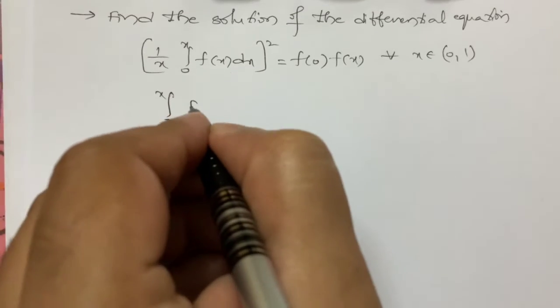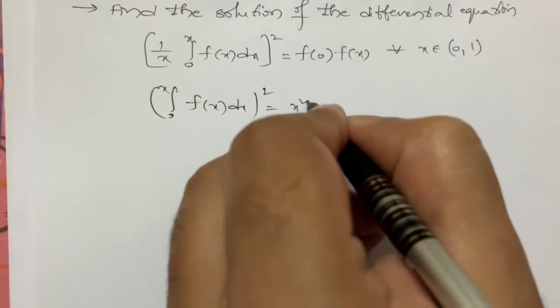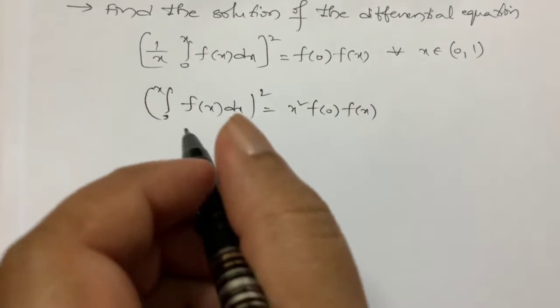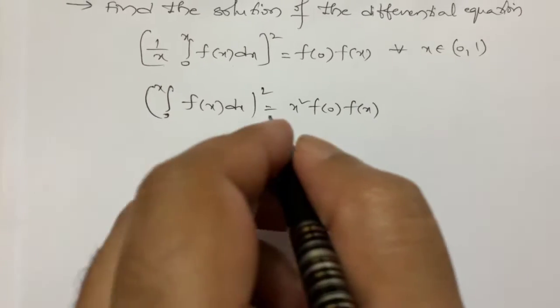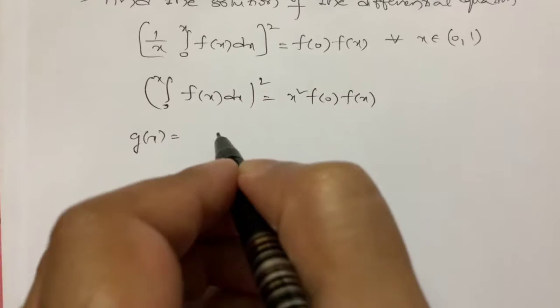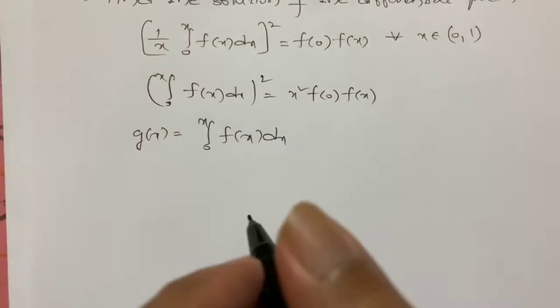So (∫₀ˣ f(x) dx)² = x² f(0) f(x). We are bringing this x to the right side. So we will consider g(x) = ∫₀ˣ f(x) dx.